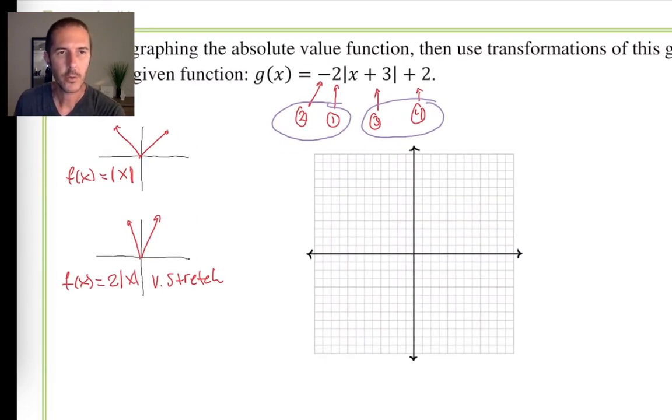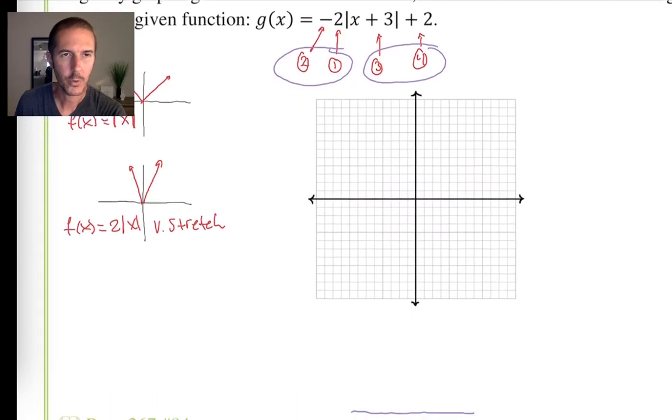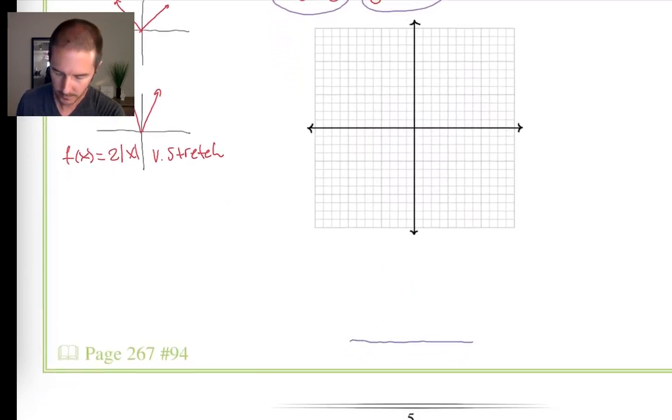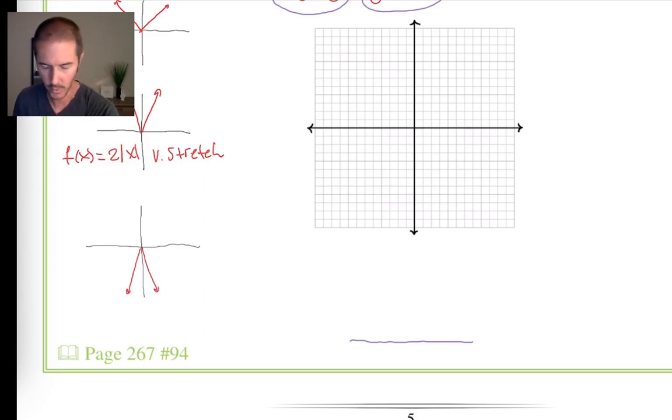The next thing I'll do is, as I've labeled number 2, we'll do the vertical reflection over the x-axis. It's still fairly narrow. It's now just getting taller in the negative direction instead of taller, faster in the positive direction.